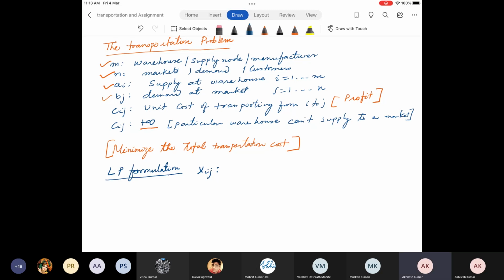What is the decision question here? So you have M warehouses and you have to supply B subscript J demand, and the warehouses have A subscript I supply at each warehouse, and you have to ship it to N markets. So what would be your decision variable?